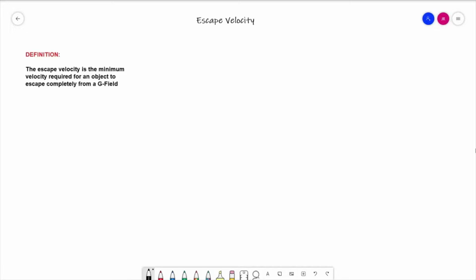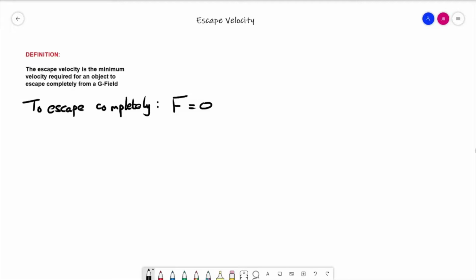Now what we mean by to escape completely is that we need to get to a point where there is no longer a force experienced by an object due to a gravitational field.